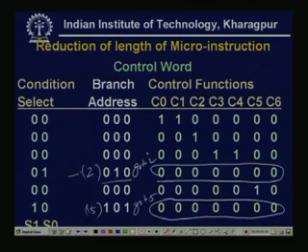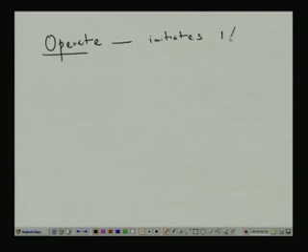Operate instructions initiate one or more micro operations. After the execution of an operate instruction, the MPC will be incremented by 1, and in case of a branch instruction, no micro operation will usually be initiated and the MPC may be loaded with a new value.